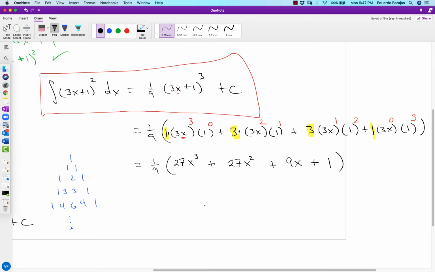Now we distribute that 1/9 everywhere, and we get 3x to the third power plus 3x squared plus x plus 1.